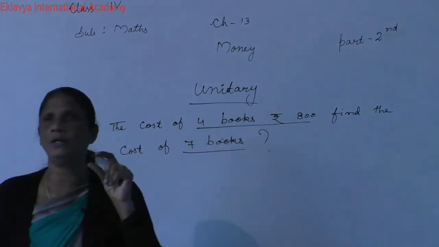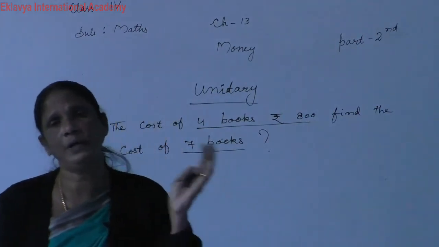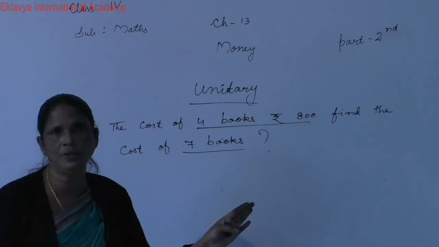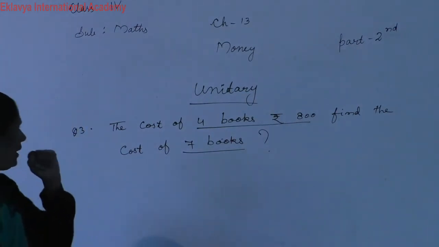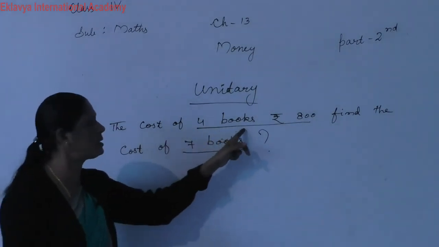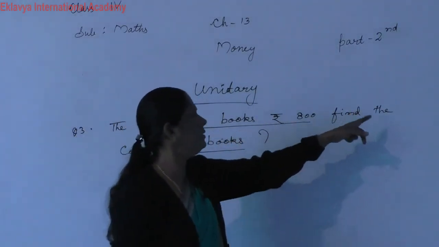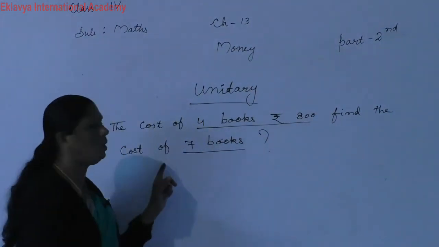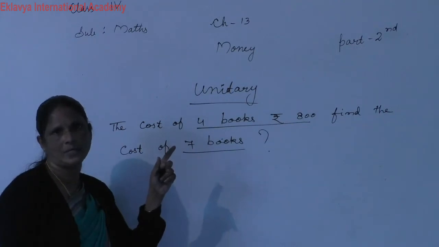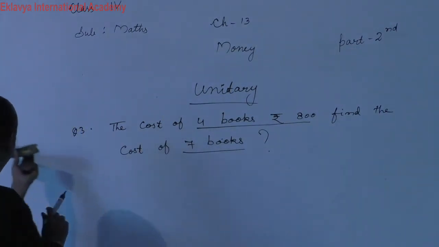First you find the cost of 1 book, then you find the cost of 7 books. Understand?